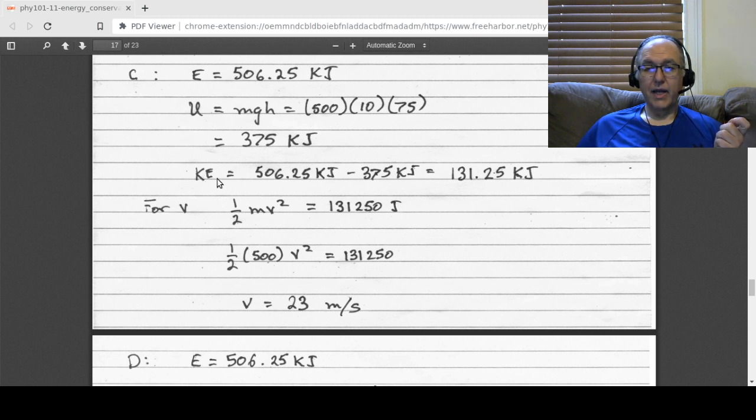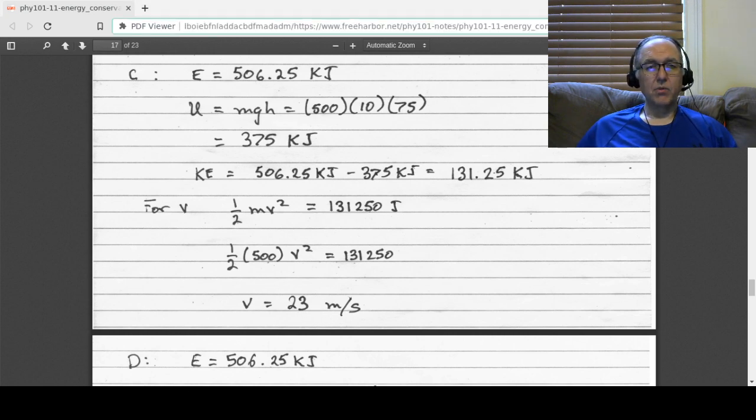And if you work out the kinetic energy by just subtracting the potential from the total, you find that the kinetic energy is 131.25 kilojoules. So great, now that you have the kinetic energy, you can use the fact that the kinetic energy has to equal 1/2 mv squared, solve for v, and you get 23 meters per second.